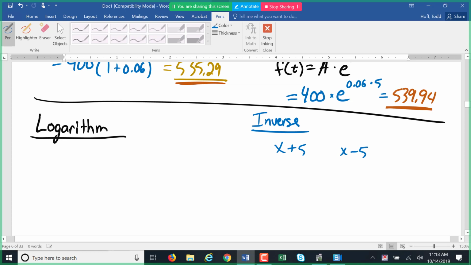Multiplying by 3, the opposite would be dividing by 3. To the power of 2, the opposite would be a square root. Or the power of 5, the opposite would be a fifth root. The logarithm is the opposite, the inverse, of an exponential.